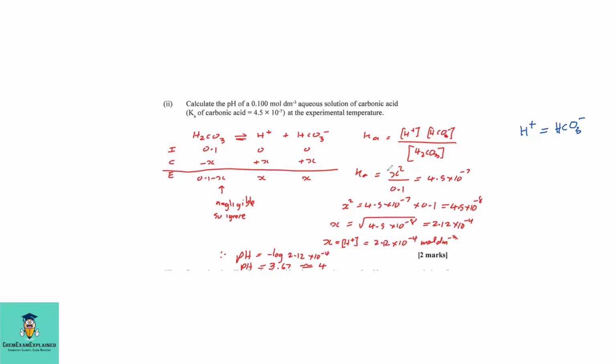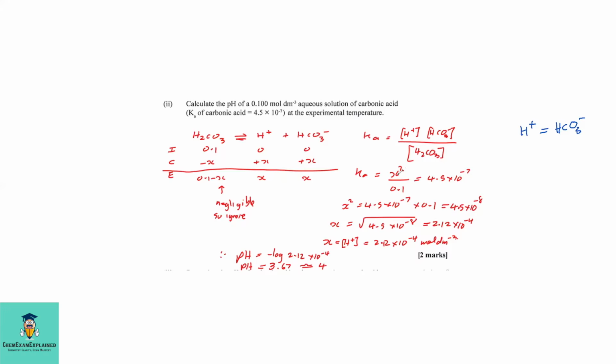And so in this case, we're going to have X times X, which is equal to X squared. So the Ka is now equal to X squared over the concentration of the carbonic acid, which is 0.1, equal to the Ka value that was given in the question.